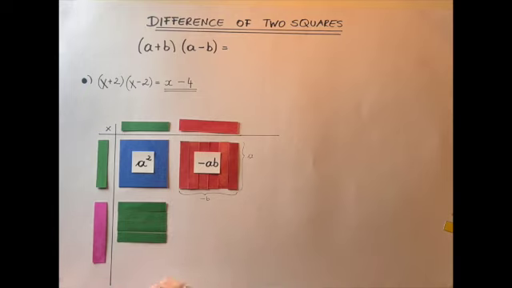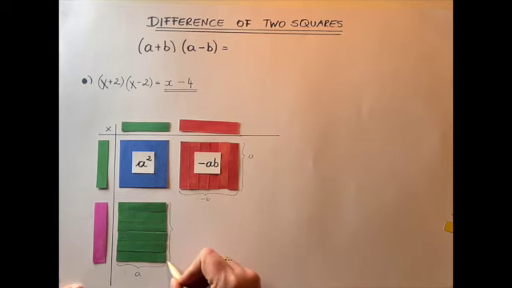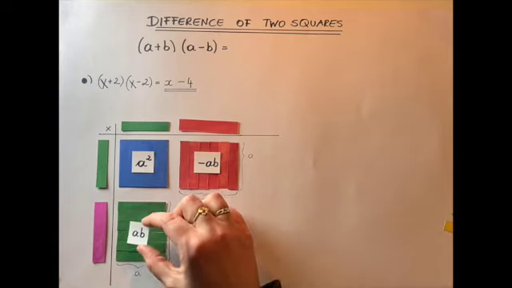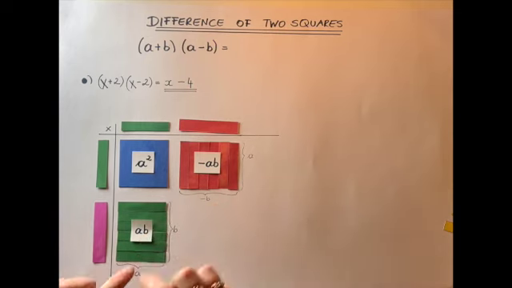And this rectangle now has a side length of A and the side length of B. So we're going to label it with the area of A times B being AB.